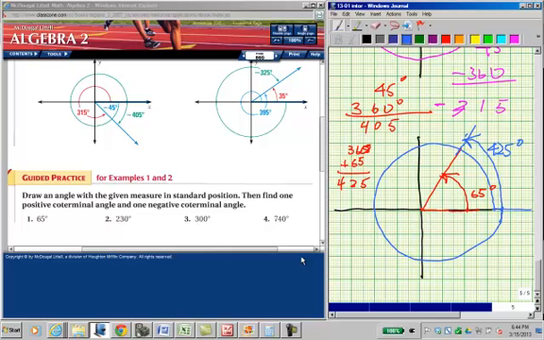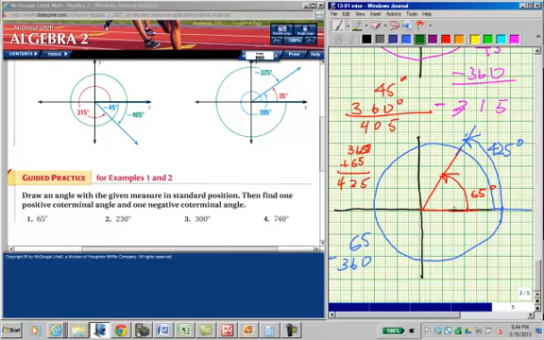Okay, so that's 65 degrees. Now, we're going to do a negative angle. So we'll do 65 minus 360. That'd be negative 295, right? Yep. Okay, let's use green.